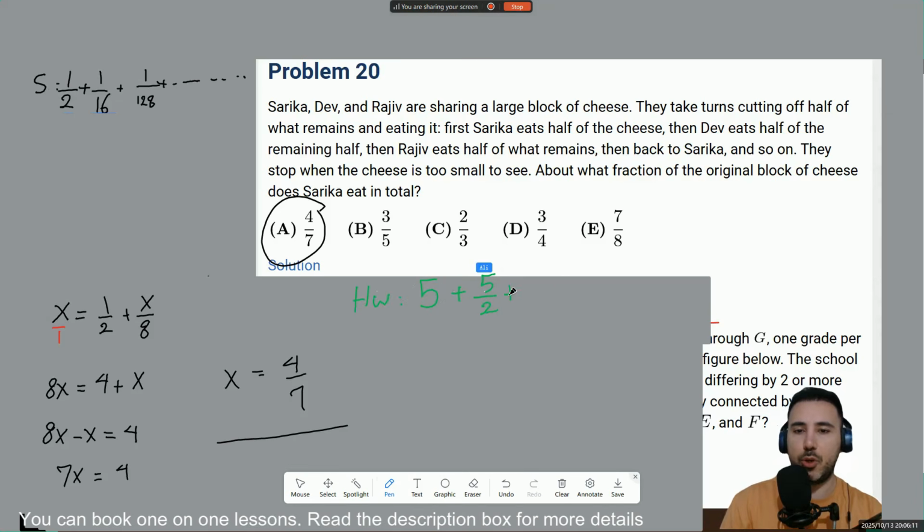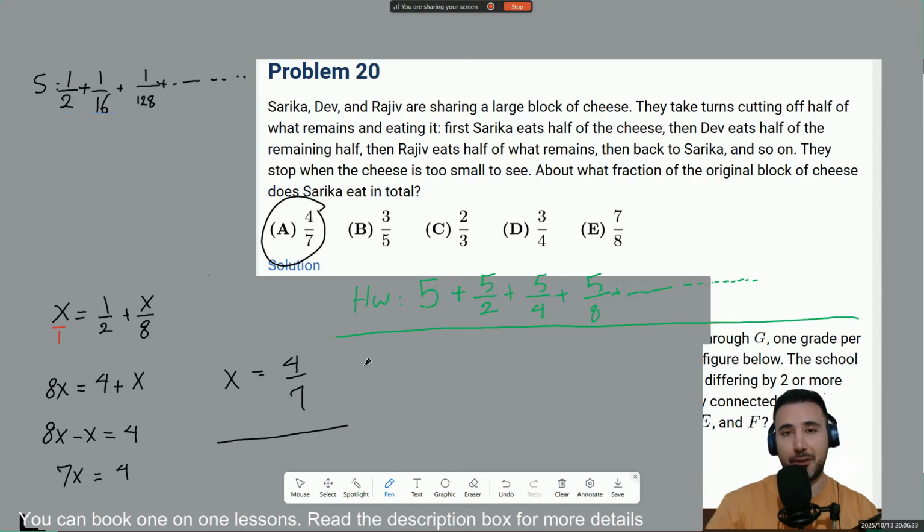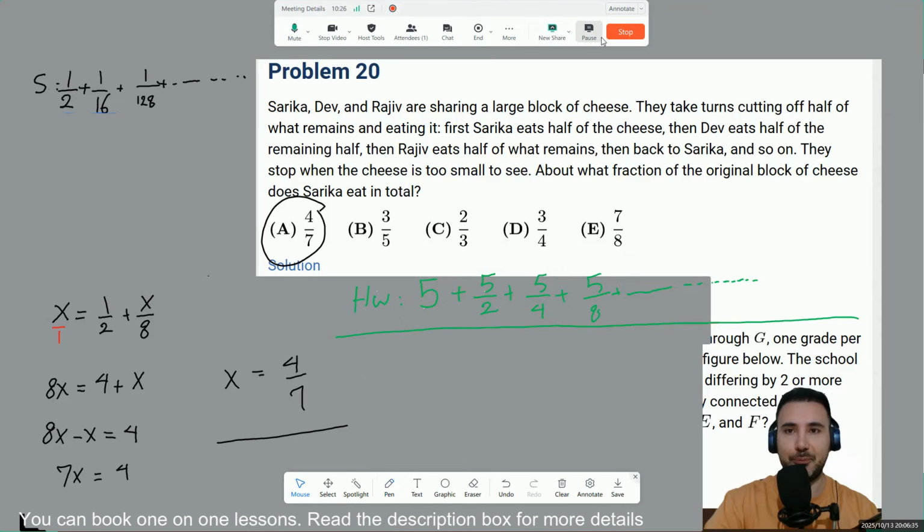And then you go half of that again, 5 over 4. And then you go half of the previous amount, which is 5 over 8. If you do this forever, for eternity, more and more and more, what is the total distance you would go? You would do that forever. But how far would you go? Write it in the comment section below.